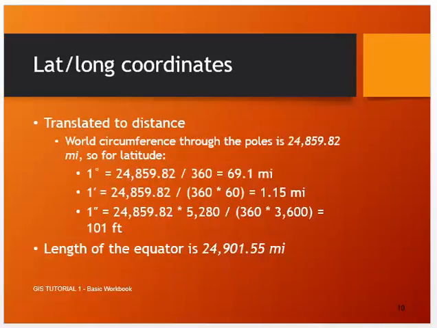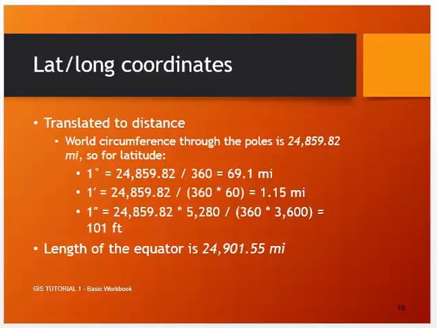How does that translate to distance? Lines of latitude are spaced equally. Lines of longitude converge at the poles. So the closer to the pole you get, the smaller the distance between those lines of longitude. So to add that up, we have the circumference of the Earth through the poles, 24,859.82 miles.